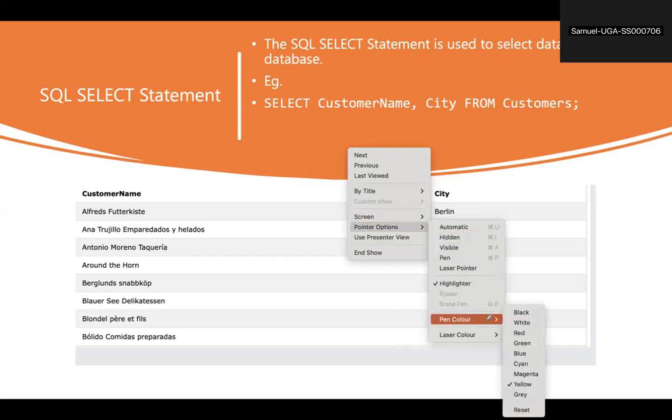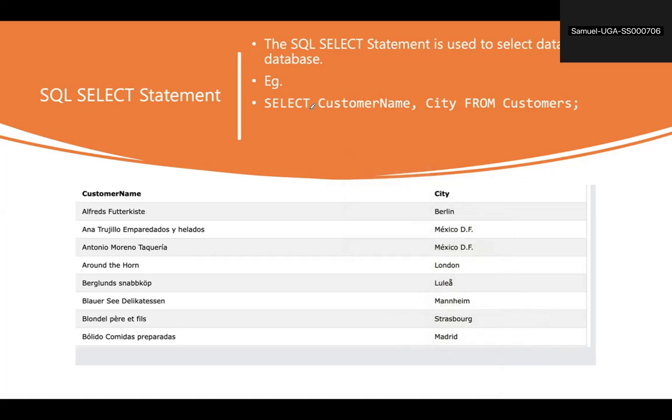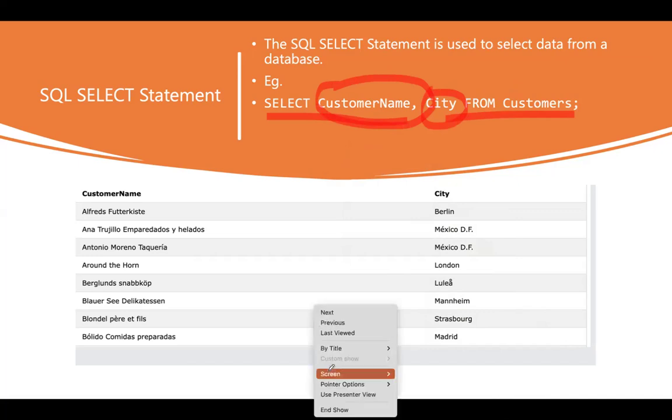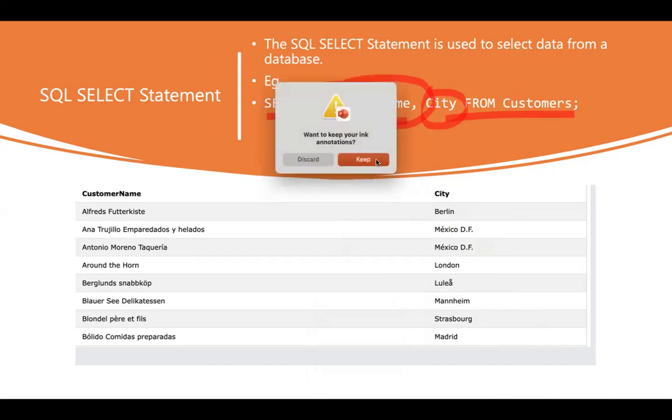You see this statement that says select customer name, city from customers. It means it will only return these two columns, the customer name and then city, from this particular table called customers.